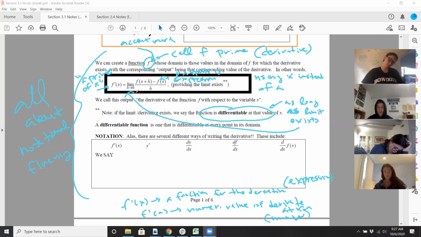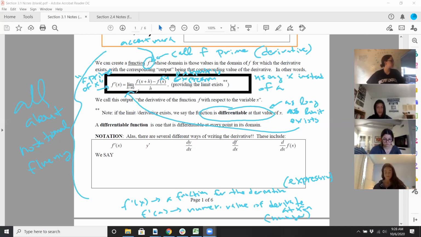It's kind of like if something is readable. Sometimes my stuff's not that readable, but you're able to read it. Or something's legible, like it's able to be read. I don't know if that makes sense, but remember, it's able to be differentiated.